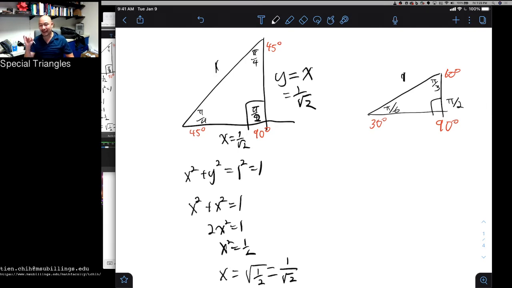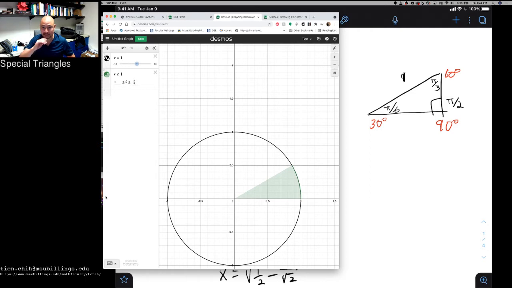Now, it's not as natural on the right what the pi over 6, pi over 3, pi over 2 relationship is like. So here we're going to have to do a little bit of graphing to find out. If I take a look at my unit circle and what happens when I graph an angle of pi over 6, that height right here just happens to be 1/2.